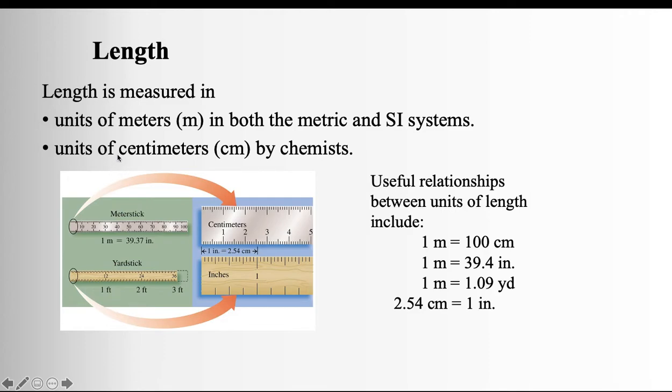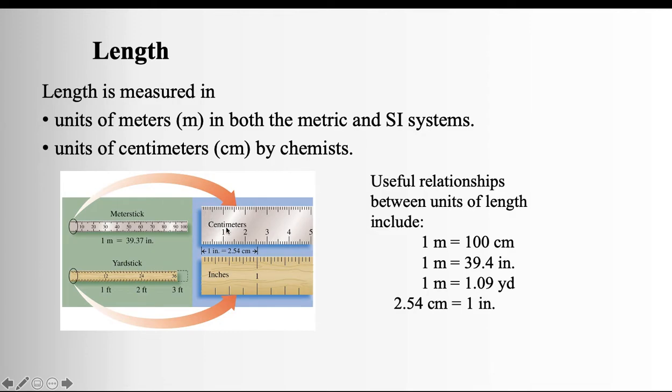So if I take, for example, a meter stick, which is a meter long, and divide it into 100 different parts, one of those would be a unit of centimeter. So as you can see here, here's a centimeter, and 2 and 3 and 4.